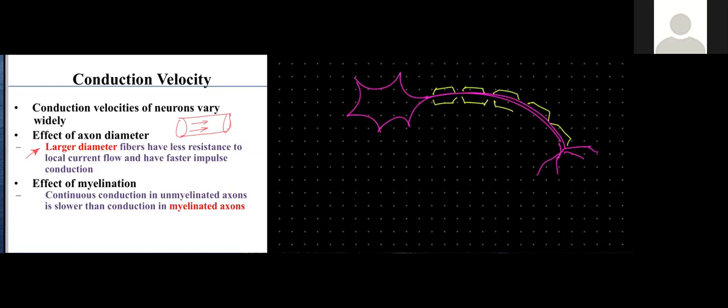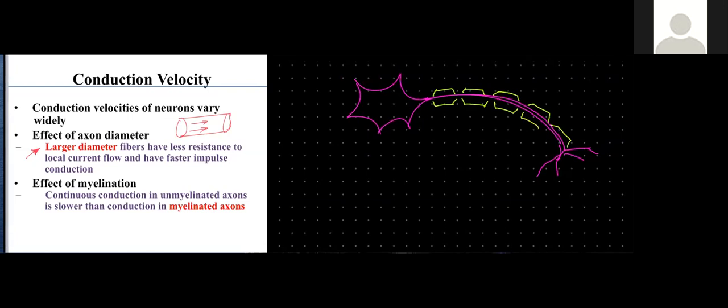Remember, what was the function here of the myelin sheath? First, as we stated last time, it was the insulation.